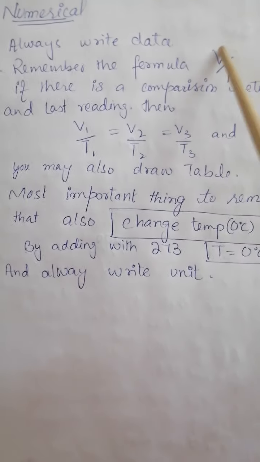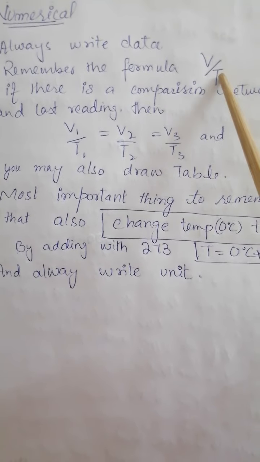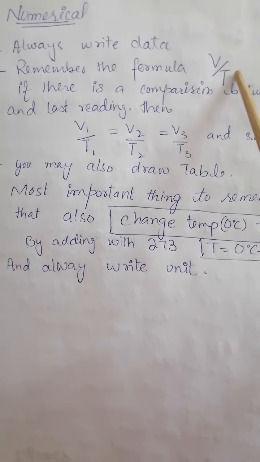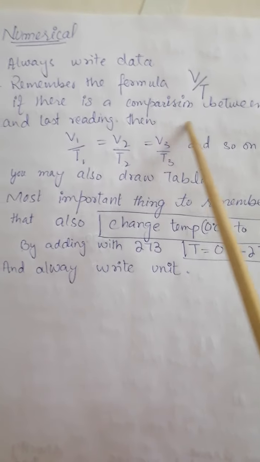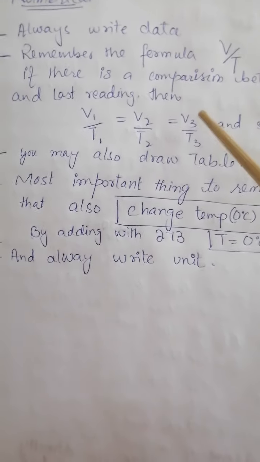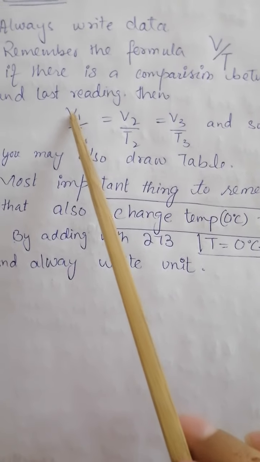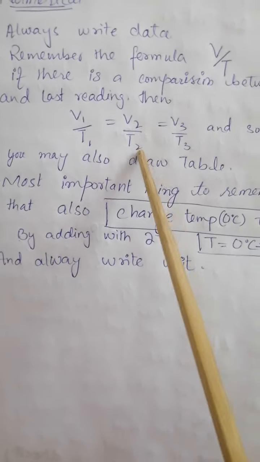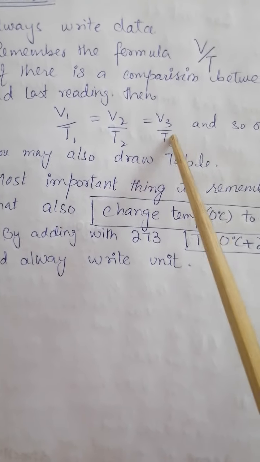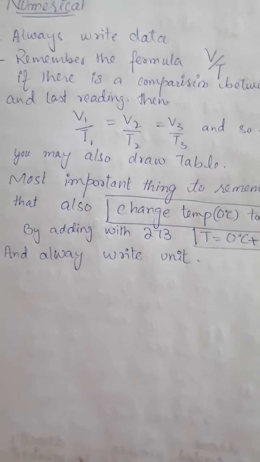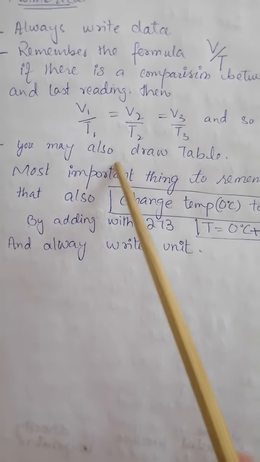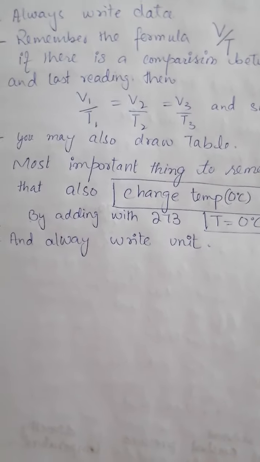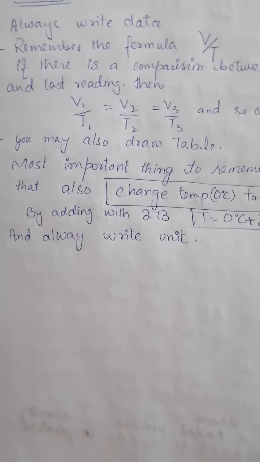So remember that V by T ratio is equal to constant is the Charles' law formula. And if there is a comparison between more than one set of values, we can write it like V1 by T1 is equal to V2 by T2 is equal to V3 by T3, and so on. You can also draw a table as you observed in the explanation of Charles' law.